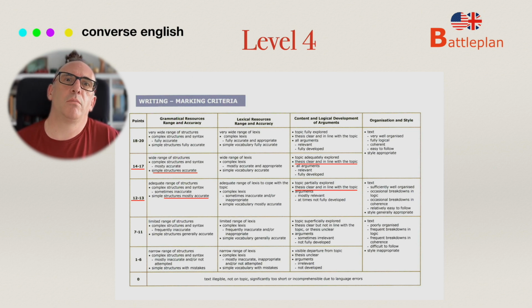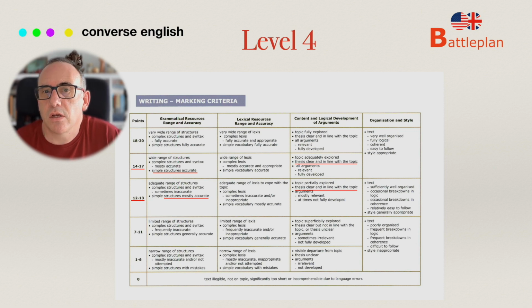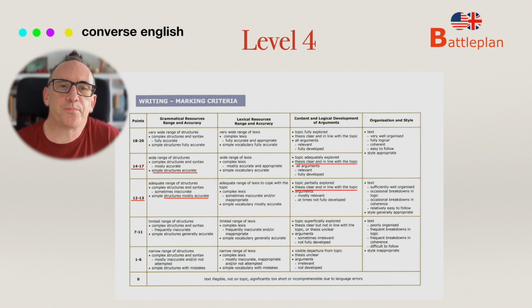So even just to pass, obviously at this level, all simple structures and vocabulary must be correct. Then we've got complex structures mostly accurate, meaning you can slip a little bit, but even that phrasing, mostly accurate, means that you need to be pretty proficient to get the pass mark.